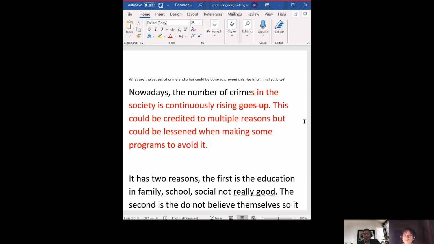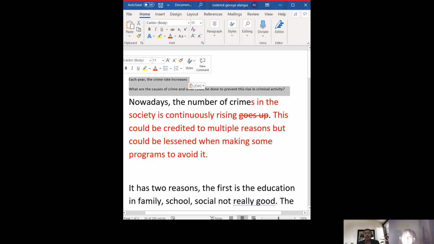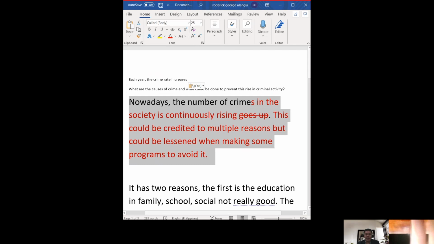Now remember that the task is like this, right? First, you have to rephrase it. Don't forget to rephrase it.